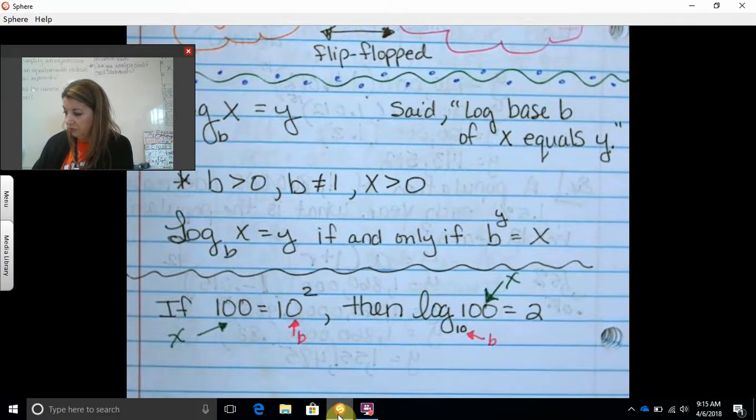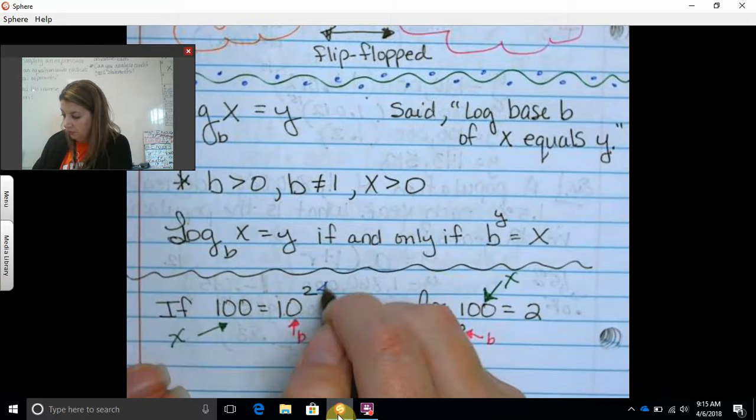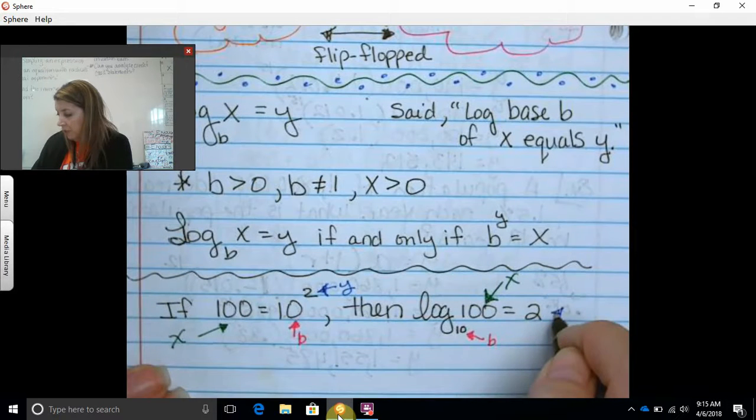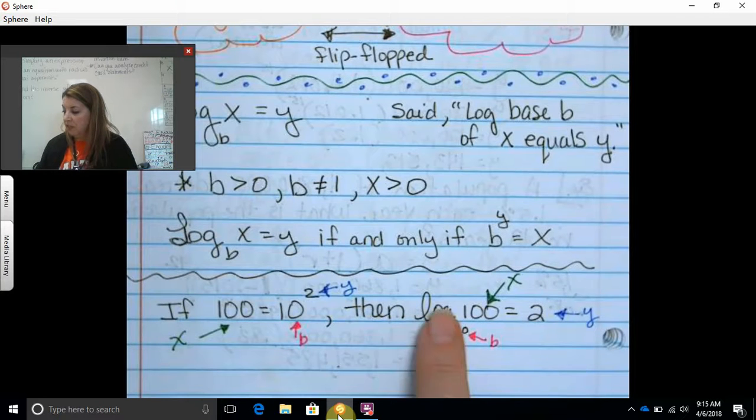And then y is the exponent. And in logarithmic form, it's what you simplify log base 10 of 100 to equal.